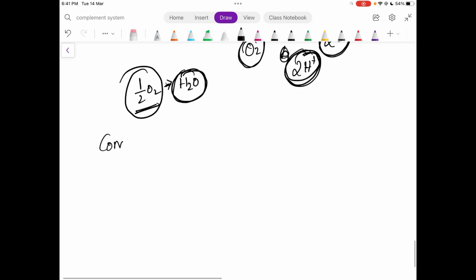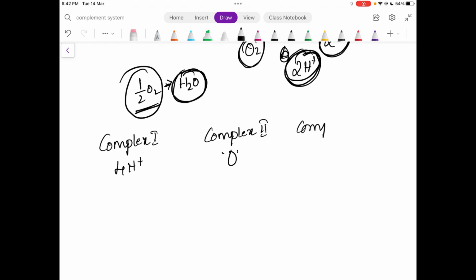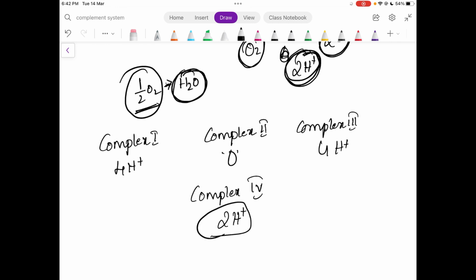At last, complex 1, 4 H plus, complex 2, 0, complex 3, 4 H plus, and complex 4 only 2 H plus.